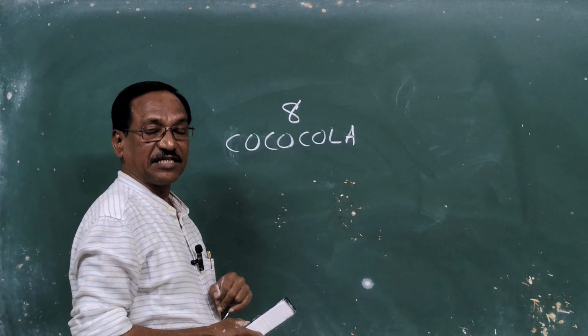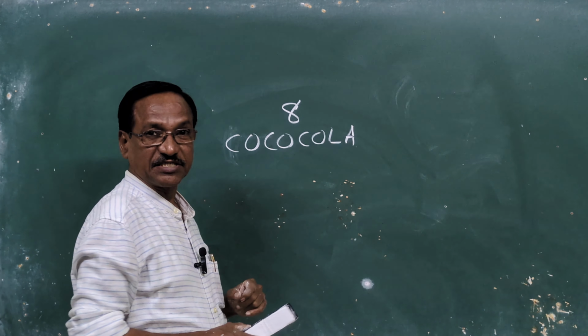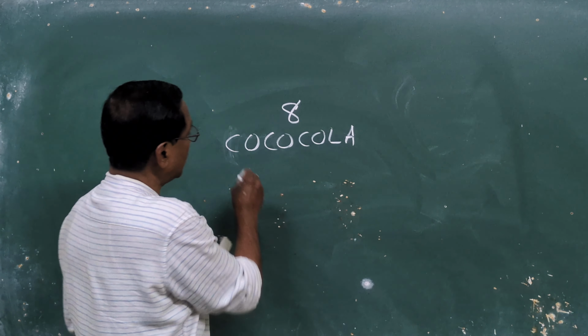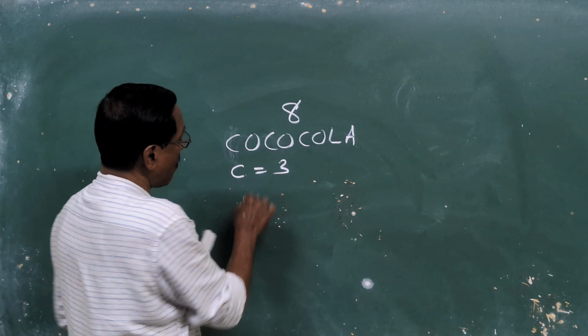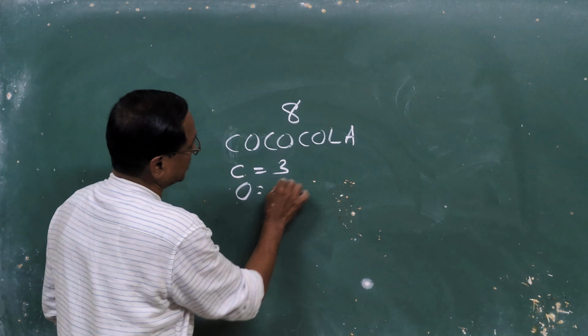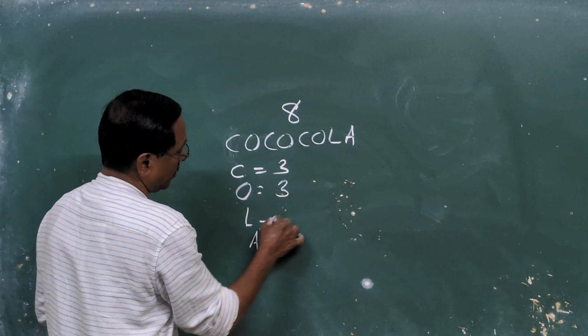But those 8 letters are not different. Here, C is repeated 3 times. O is repeated 3 times. And L and A are only 1 time.